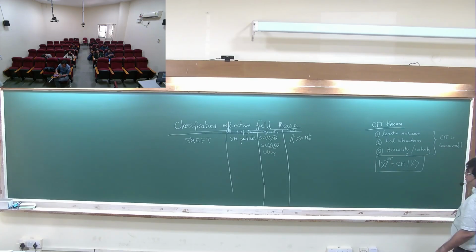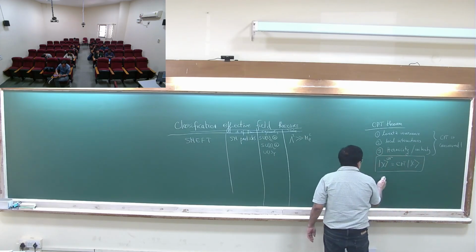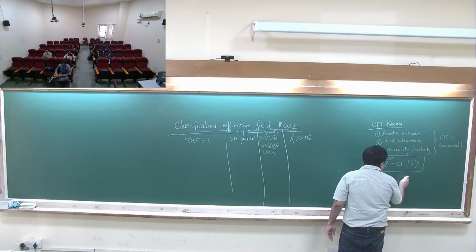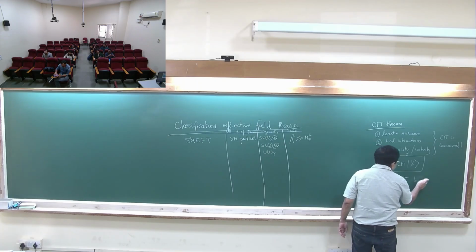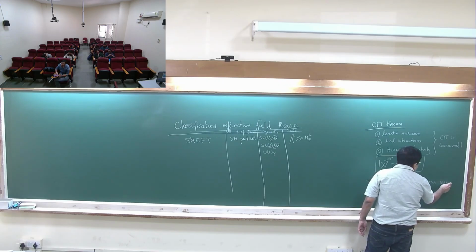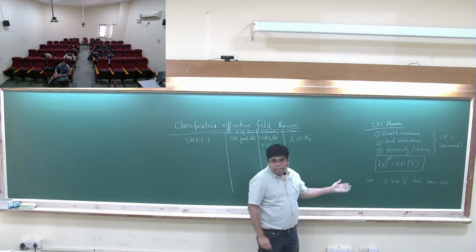Now one consequence of CPT breaking could be that particle and antiparticle will have different masses. So one of the consequences of CPT: chi and chi bar have the same mass. Okay, the Hamiltonian is the same and everything essentially.